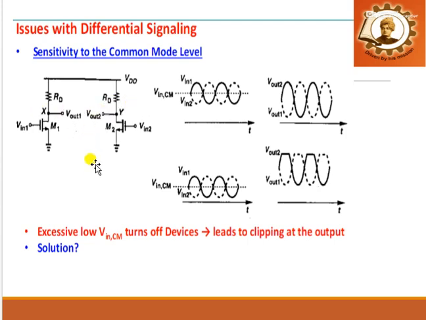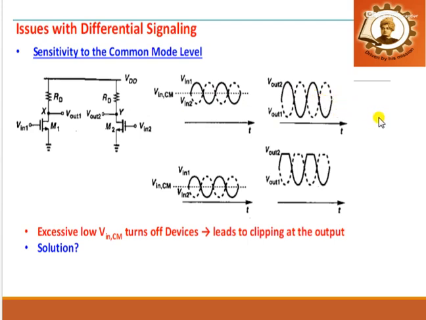Here VDD is the supply or biasing voltage, and RD are the two drain resistances or two load resistances. So from the first figure it is clear that if the input common mode level is sufficiently high, then Vin1 and Vin2 will swing, and according to that on the output side, Vout1 and Vout2 will swing without any clipping.